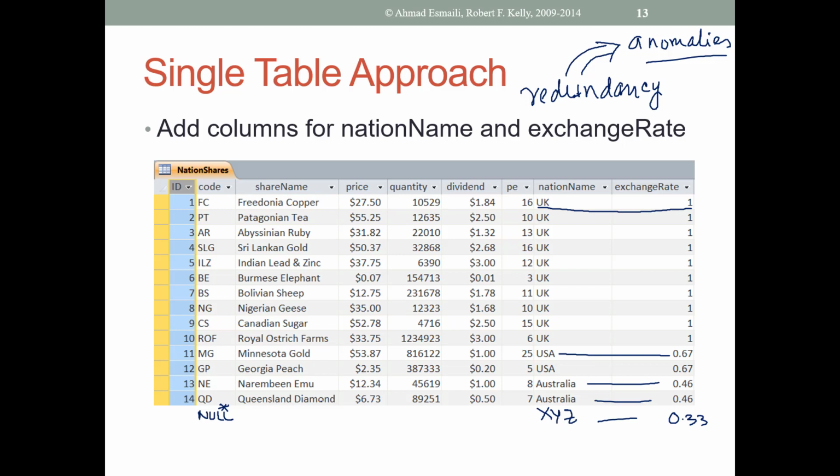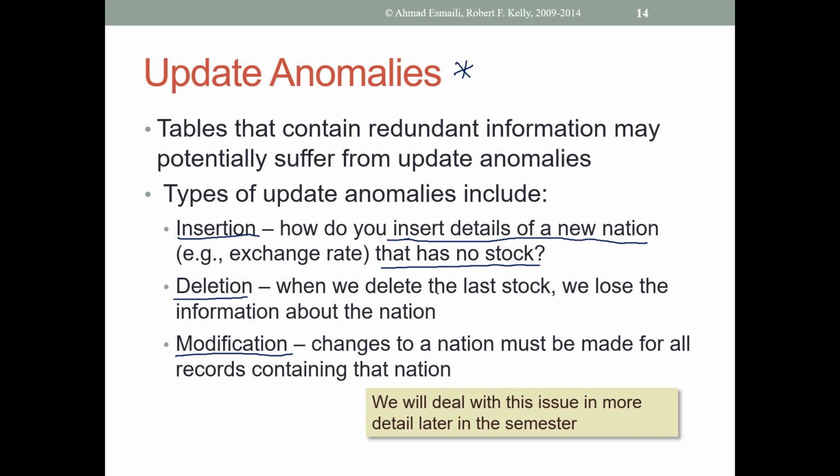After removing them from our table, can we still keep Australia's information? The answer is no, because Australia does not have any share. Since the shares have been dropped, we cannot keep Australia in our database, so Australia should also be thrown out. That is called deletion anomaly. When we delete the last stock, we also lose the information about the country, which is bad.